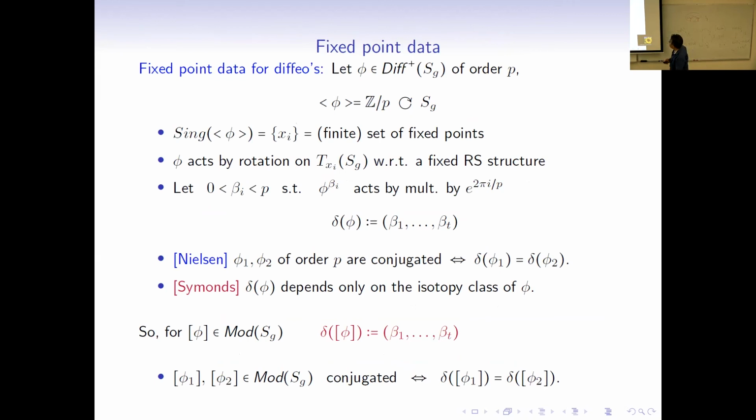And we do that by looking at the fixed point data. So this is how you define the fixed point data for a diffeomorphism of order P. You can do it more generally, but say that if you have a Z/P acting on a surface, then you look at the set of fixed points.